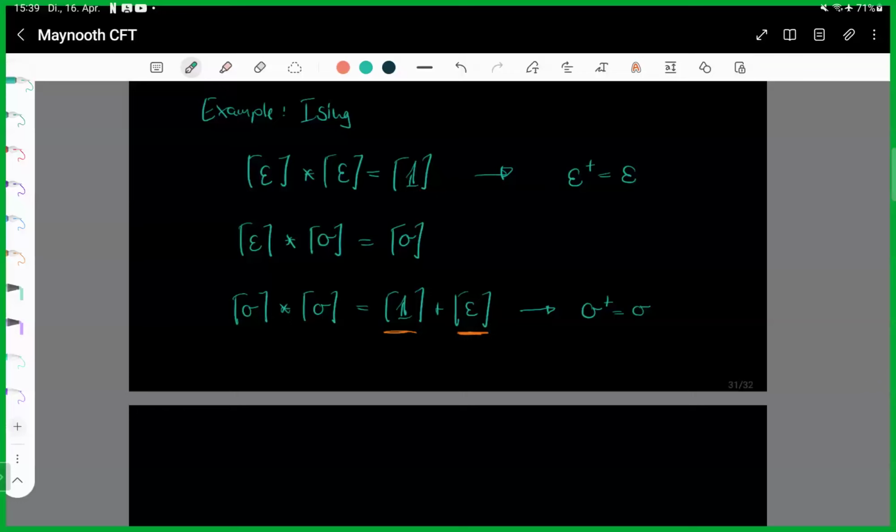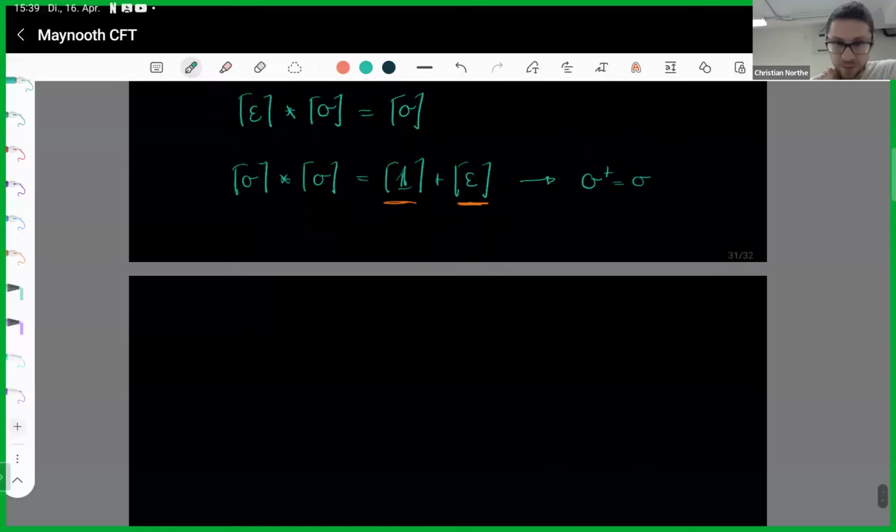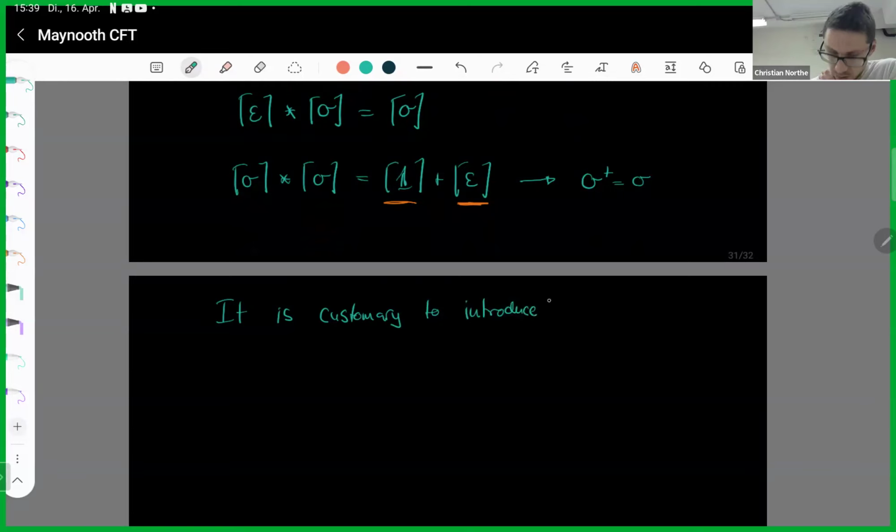Thank you. Okay, so there is one more thing here. Well, there are many more things, but I'm just going to restrict to one more thing. So it is customary to introduce I by I matrices. Let's write like this: fusion matrices.